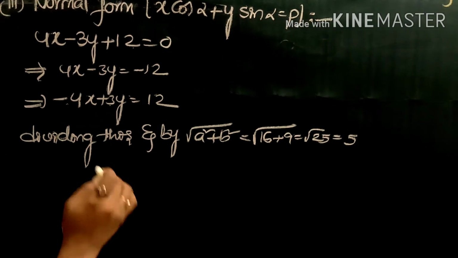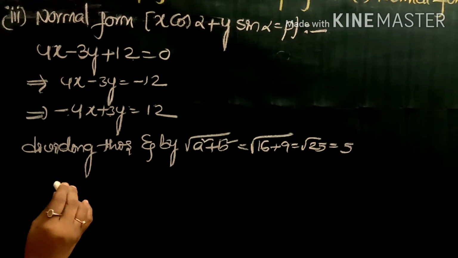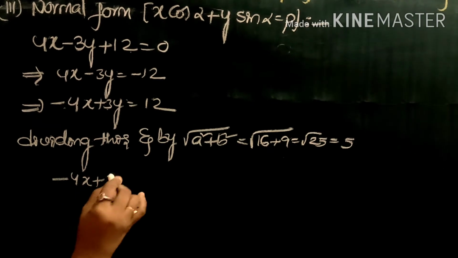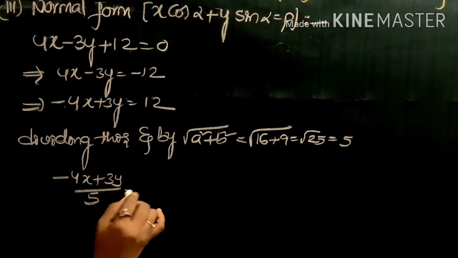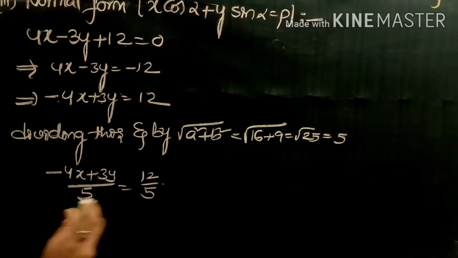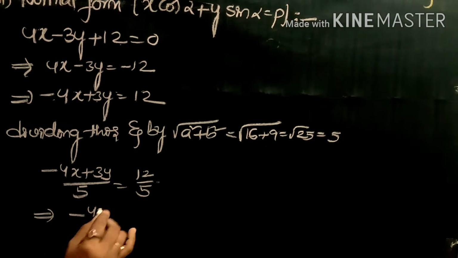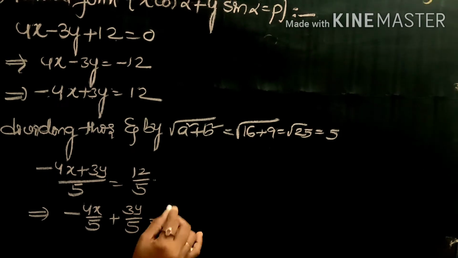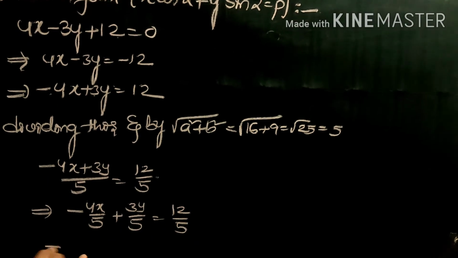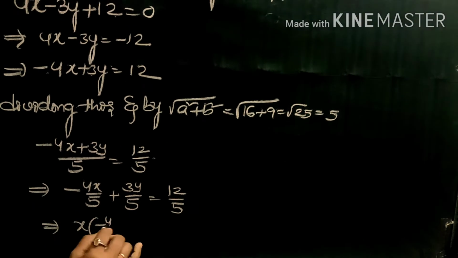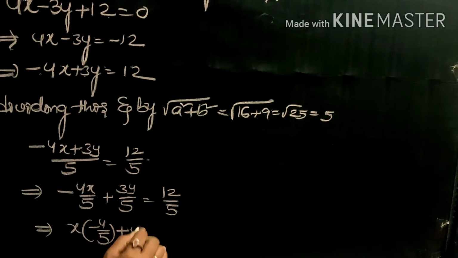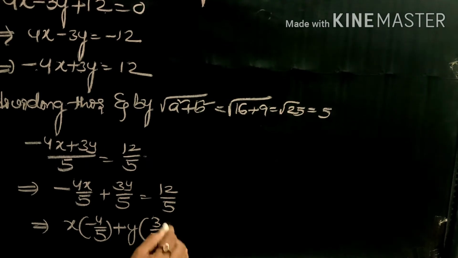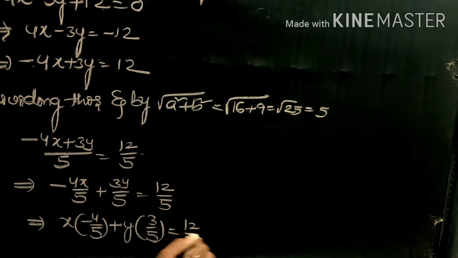That is the procedure for converting the given equation to the normal form. That is minus 4x plus 3y by 5 is equal to 12 by 5. Which implies, separating the denominator, minus 4x by 5 plus 3y by 5 is equal to 12 by 5. Which implies, this can be taken as x into minus 4 by 5 plus y into 3 by 5 equals 12 by 5.